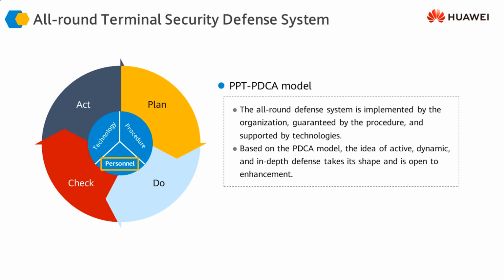Unless it involves the people, is ensured by the processes, and is implemented by the technology, we cannot follow this framework. So the PDCA life cycle is dependent upon the PPT model, the people, process, and technology model.